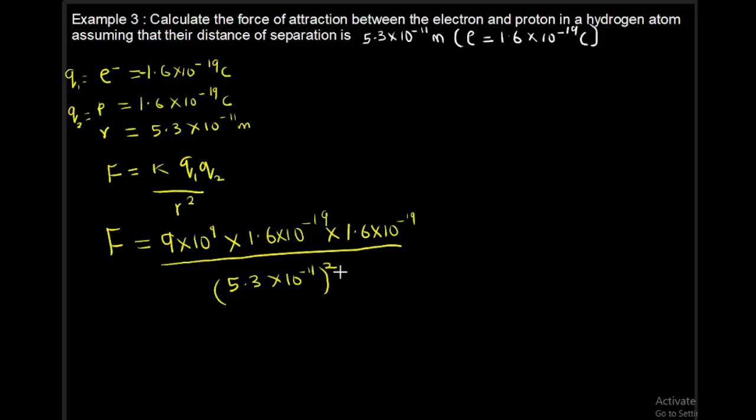So if we substitute into our calculator, we're going to have F equals 9 times 10 raised to the power 9 times 1.6 times 10 raised to the power of minus 19 times 1.6 times 10 raised to the power of minus 19, divided by 5.3 times 10 raised to the power of minus 11, all squared.